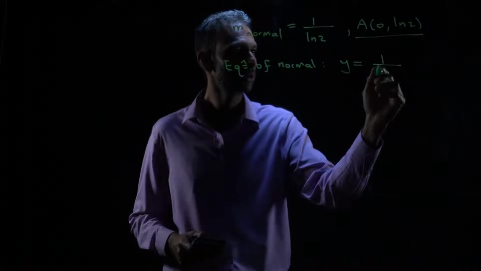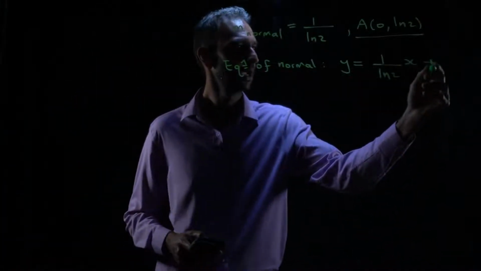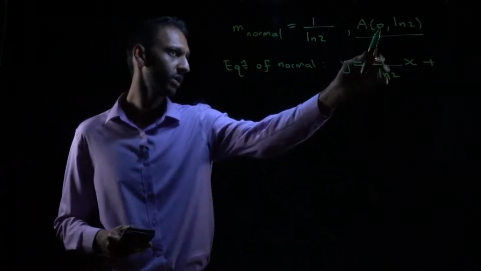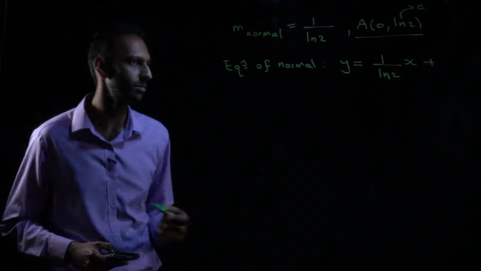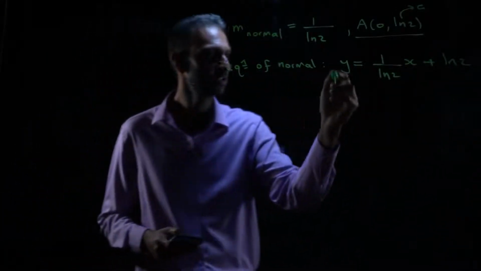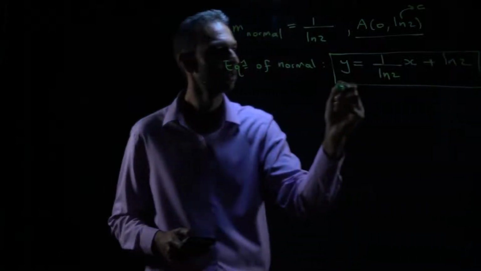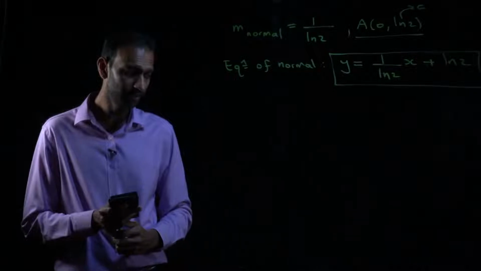The gradient is 1 over ln 2 times x, and the c is very straightforward. If you see (0, ln 2), that should be the c, which is the y-intercept. So you would have ln 2 here as well. So this is the equation of the normal. I hope it's quite straightforward.